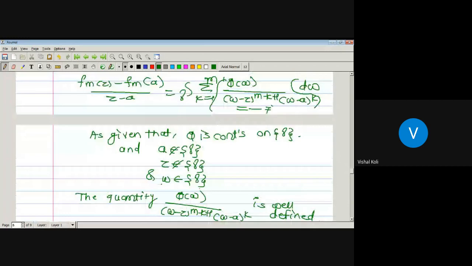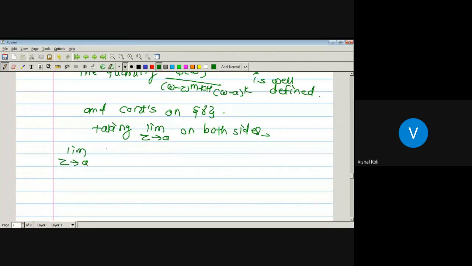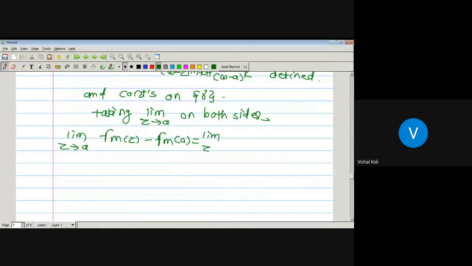Taking the limit z tending to a on both sides, then we get limit z tending towards a of fm of z minus fm of a, which is equal to limit z tending towards a of the integral over the curve gamma, summation k running from 1 to m, phi of w divided by w minus z to the power m minus k plus 1 into w minus a to the power k, into dw.